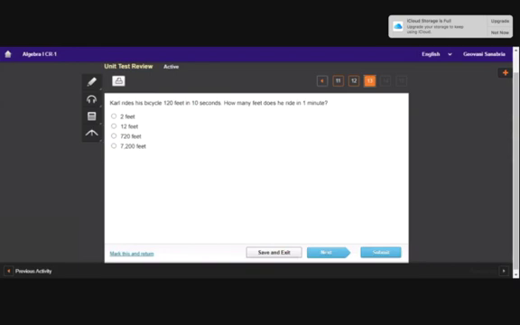And if he moves 120 feet in each one of those 10-second intervals, that means he's moving 120 feet 6 times, right? Yeah. So then all we have to do is 120 times 6. $720. Yeah. Does that one make sense? Okay. Yeah, that one makes sense.